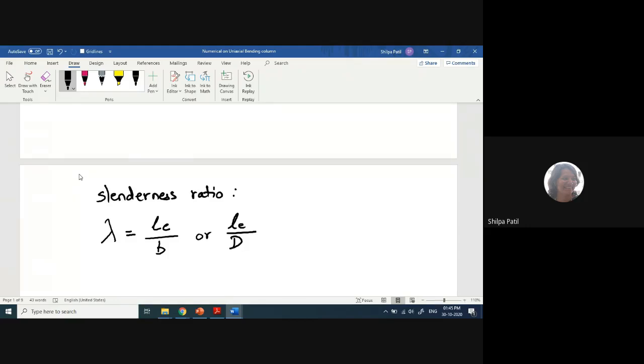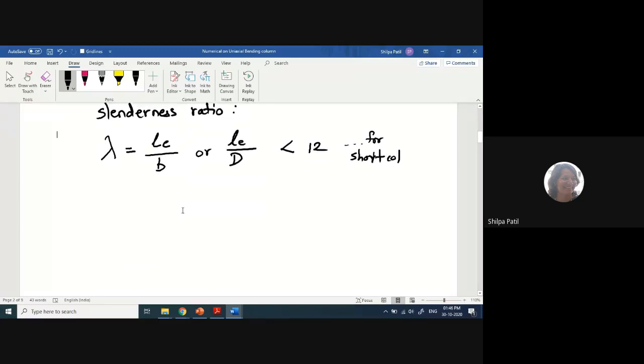This is along X and this is along Y. Okay, this is lambda X and this is lambda Y. So both these must be less than 12 for the column to be a short column, right? Write down, for a column to be short.